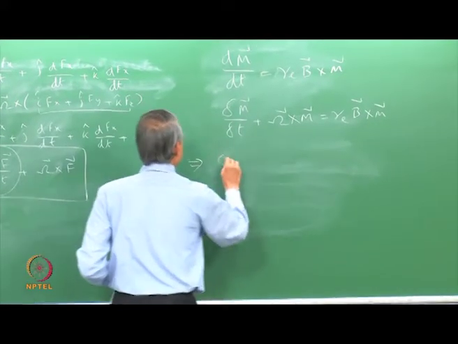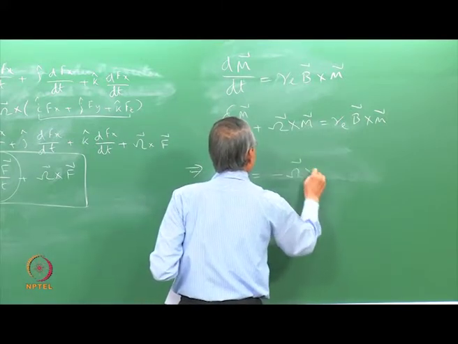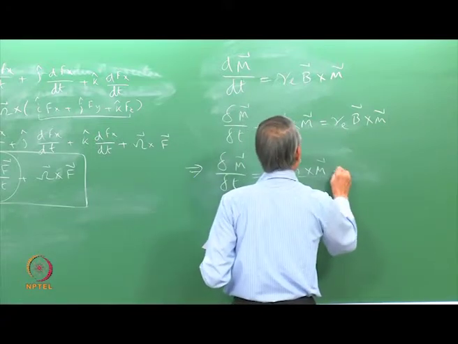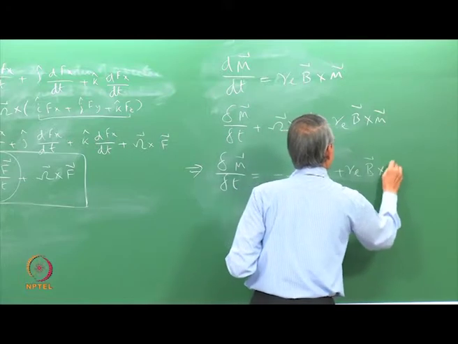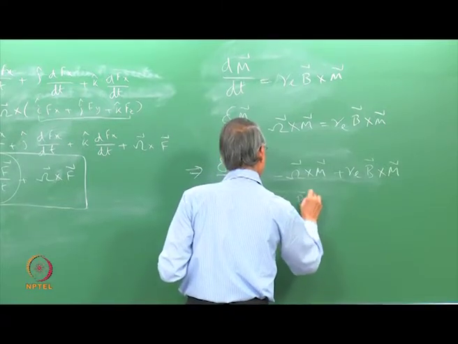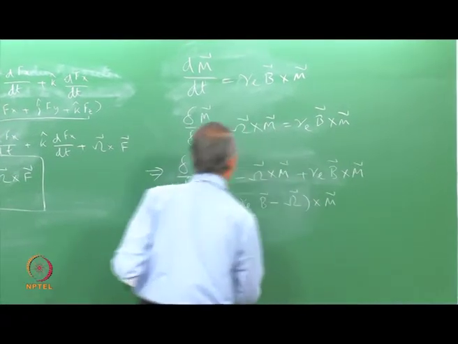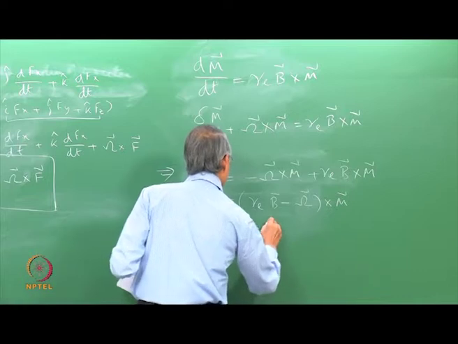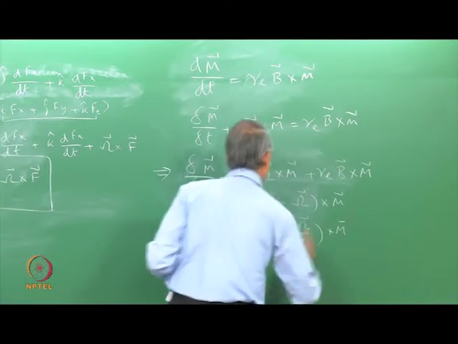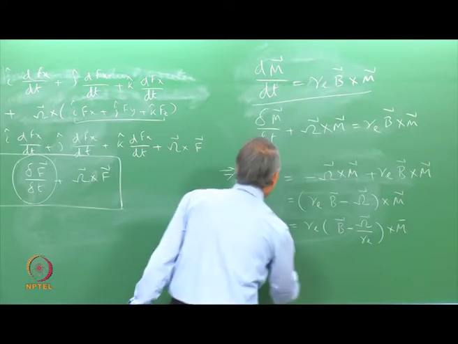So, what does it mean? This means minus omega cross m, which is, this gives me... Compare now this equation with this equation.